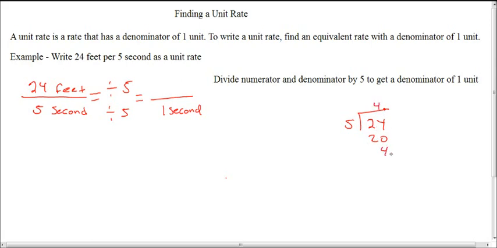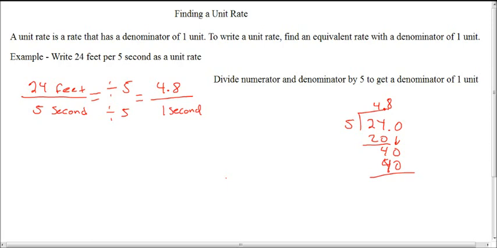Then we put our decimal and bring down a 0. 5 goes into 40 8 times, and 8 times 5 does happen to be 40. So that tells us that our numerator is 4.8.